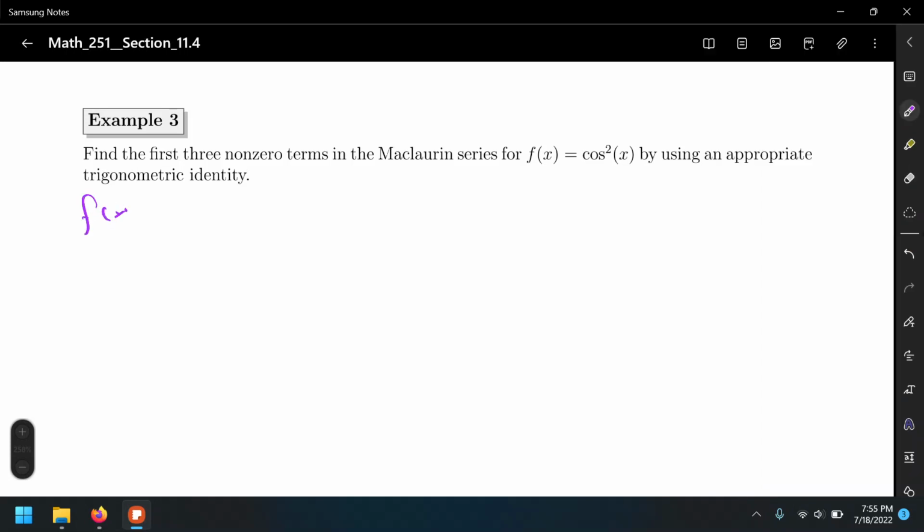So f of x equals, well, it's a Maclaurin, that means center a equals 0. So, well, cosine squared of x and f of 0, cosine 0 quantity squared, which is, well, cosine 0 is 1, 1 squared is 1. Take the derivative right here, okay?